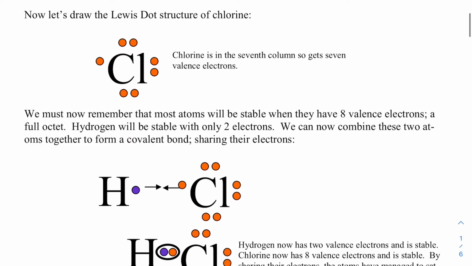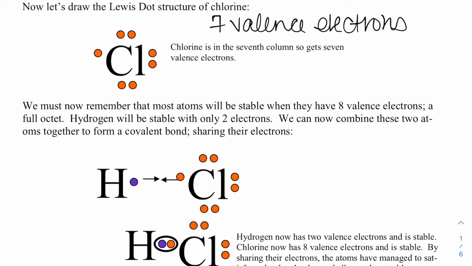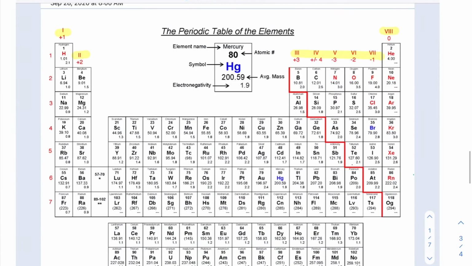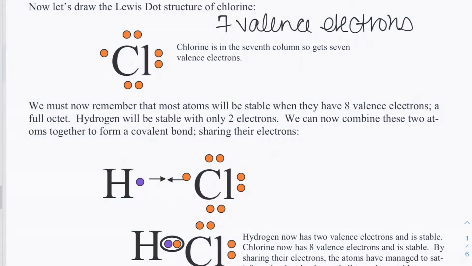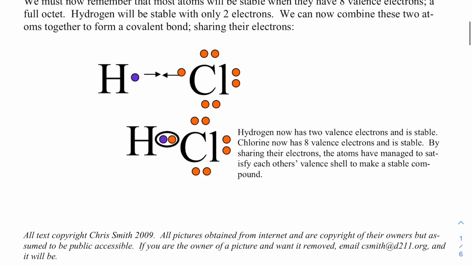If we look at chlorine, we know that chlorine has 7 valence electrons. Again, just a reminder, we know this because when we look at the periodic table and find chlorine, it is in our 7th column, which means 7 valence electrons. So when hydrogen and chlorine come together, they can form this covalent bond of sharing electrons.